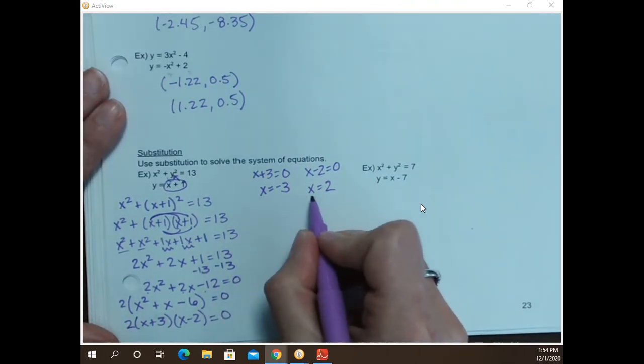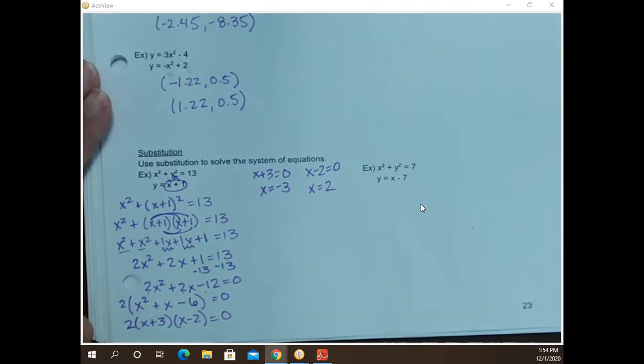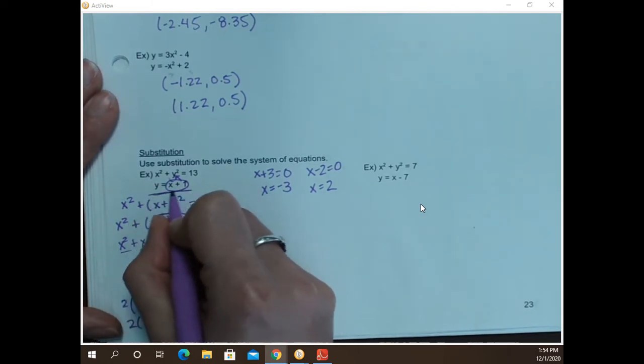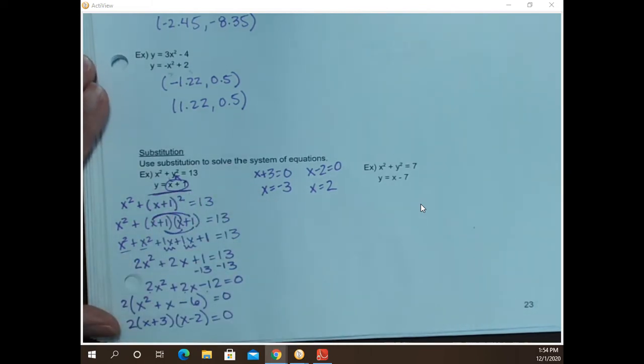So I have values for x here, but remember for my solution to a system of equations, I need that corresponding y for each of these x values. So that means I'm going to take each x and plug it in to one of my original equations to solve for y. I'm going to choose to plug into that second equation. That's what I would suggest you do as well. Remember, make your work a little easier if you can.